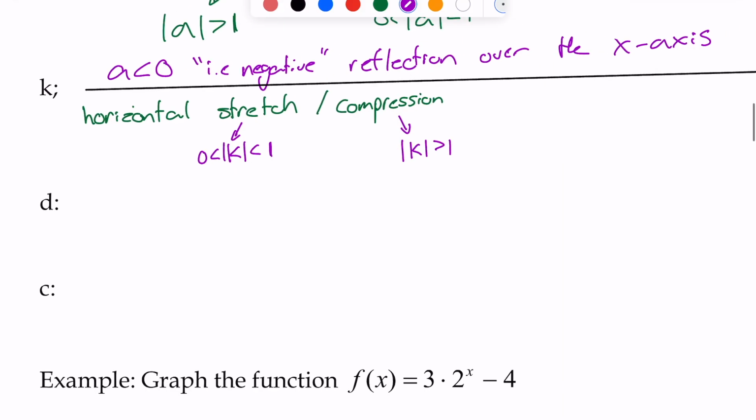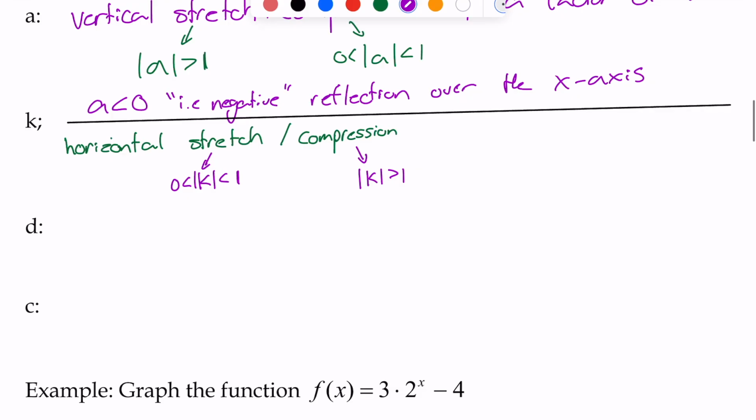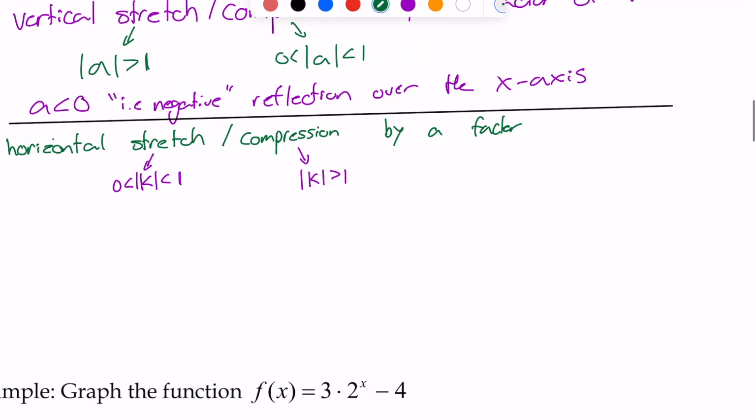So it's opposite of a. So you have a horizontal stretch or compression by a factor of, and this is the part that always throws people off, 1 over k, right?